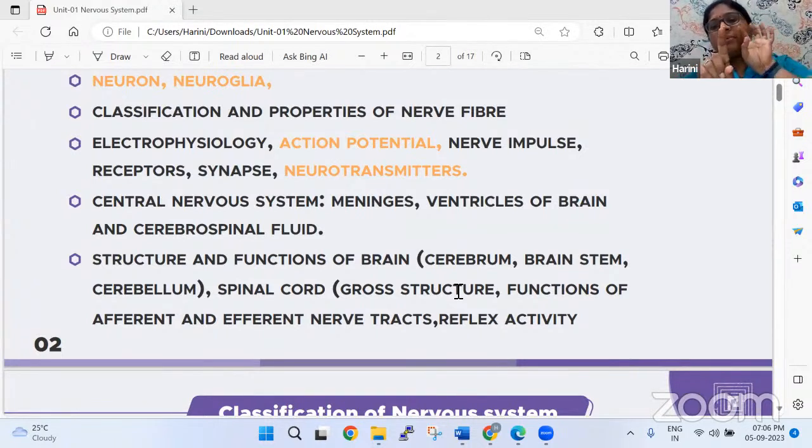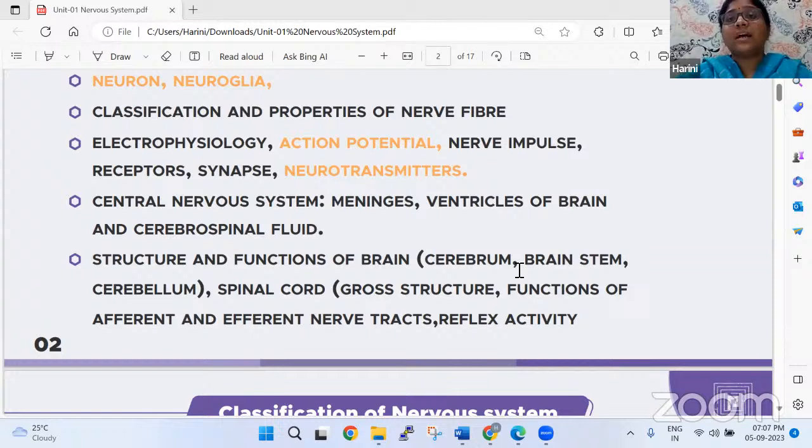Posterior to the brainstem is the cerebellum. Superior to the brainstem and anterior to the cerebellum, just above, you have the diencephalon. And anterior or superior to all these three structures, we have the largest part of the brain, the cerebrum.